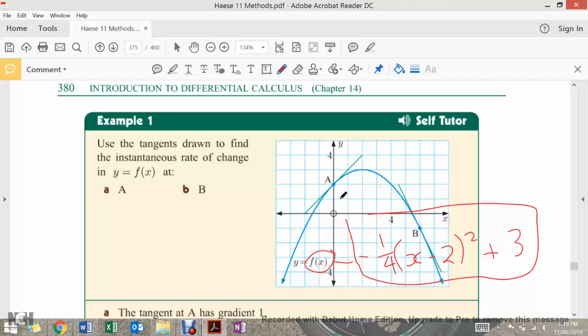And so for example, this point A is actually at the coordinate (0, 2). You could plug 0 in for x here, crunch the numbers, and you'll get 2 for your y value. Point B is going to be at x equals 6, and then plug 6 into this equation, you're going to get -1 in the y direction.